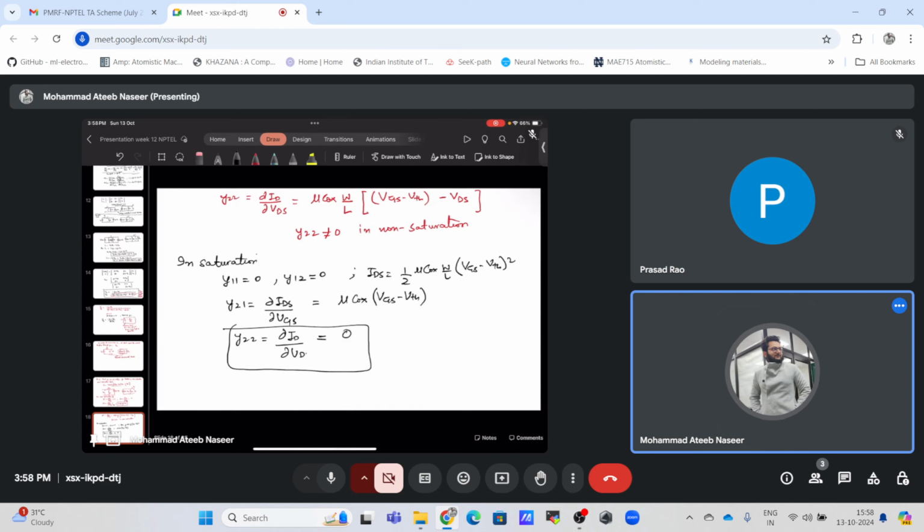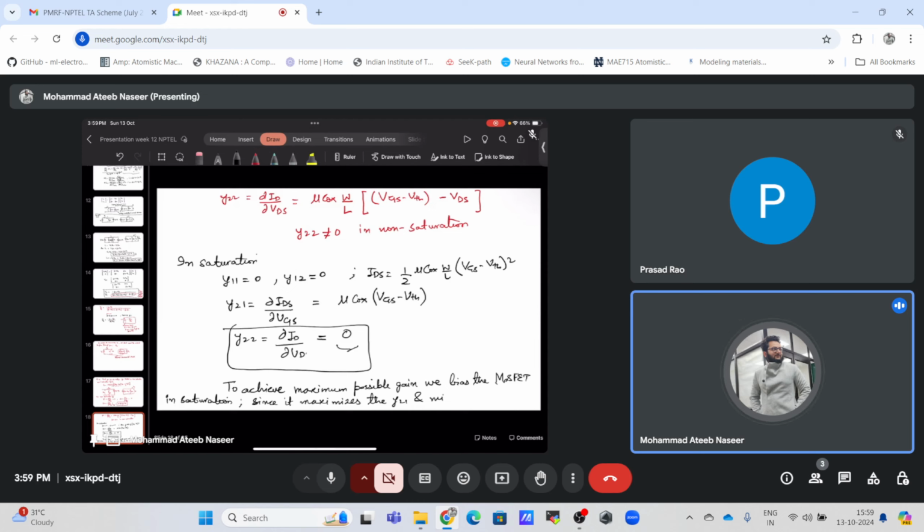So we can write it like this: to achieve the maximum possible gain, we bias the MOSFET in saturation, since it maximizes Y21 and minimizes Y22.